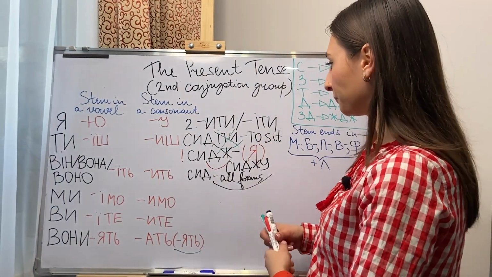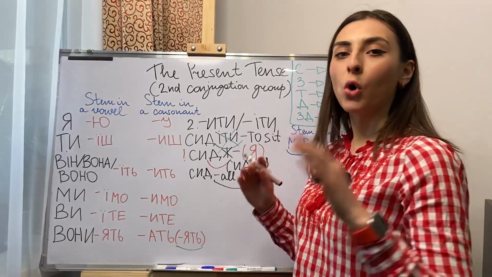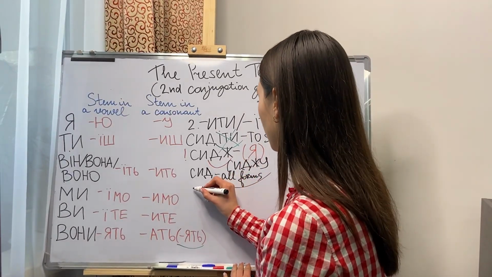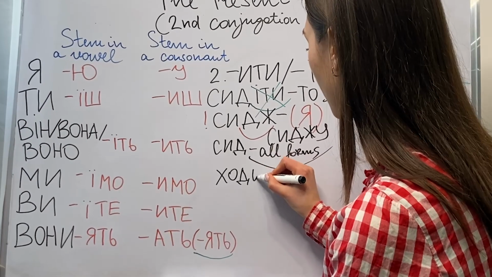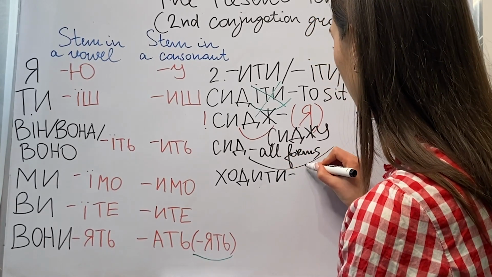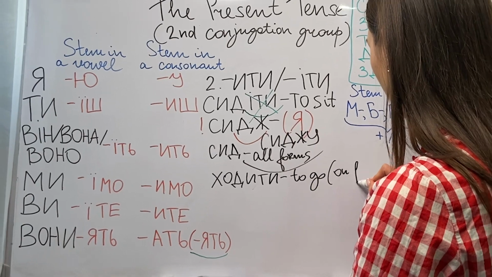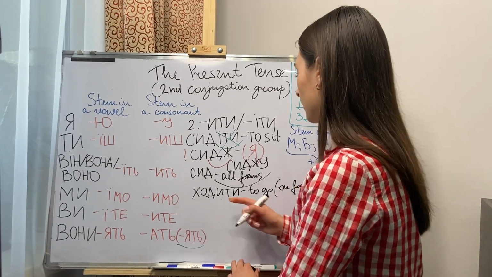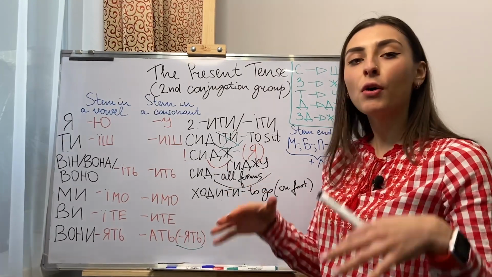The next one with iti. For example, ходити. It means to go, but it means to go on foot. So guys, ходити means exactly to go on foot.